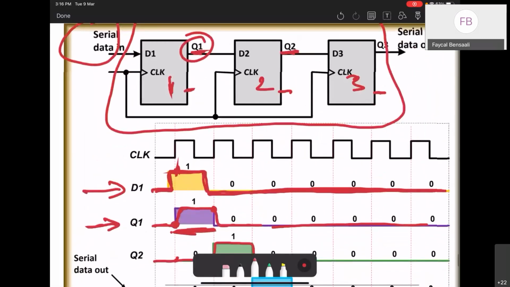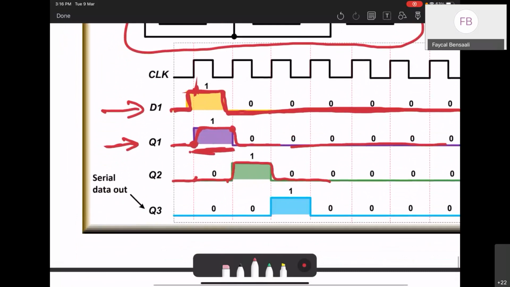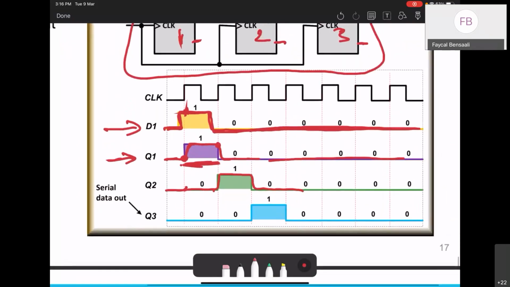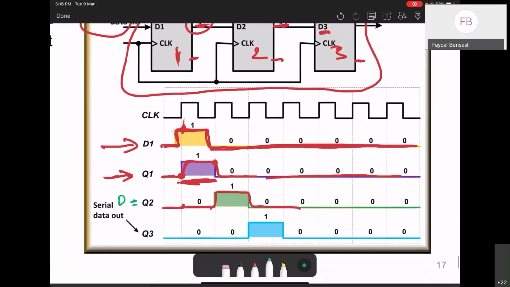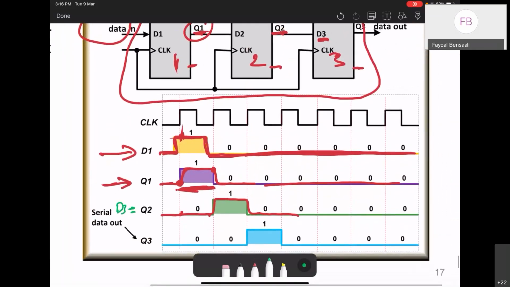I will go to Q3, and the D3 for this third flip-flop is connected to Q2. So D3 is equal to Q2.